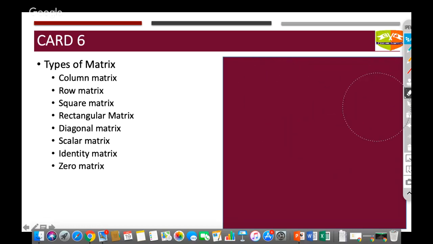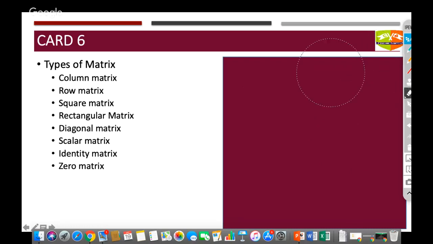Now let me move to the identity matrix. A square matrix in which elements in the diagonal are all 1 and the rest are all 0 is known as an identity matrix.